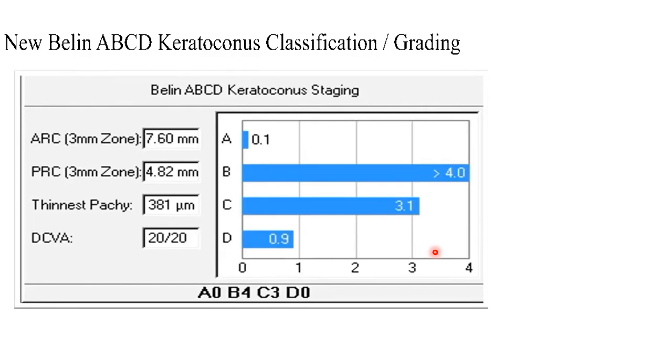This is a staging or classification, not documentation of progression. For the progression, we have another table or horizontal bars that I will show in the next slides, which document the progression of the case, so that you know whether your patient is stable or not. So this staging system is useful in population-based studies, but not in documenting progression in a personal case.